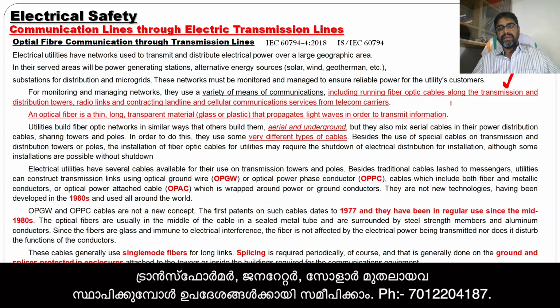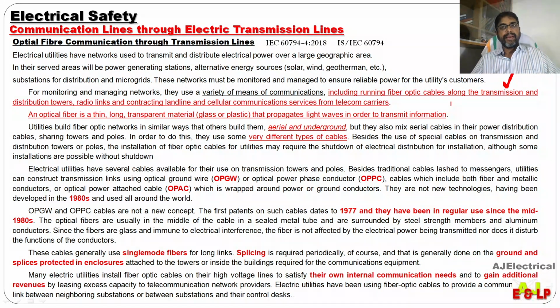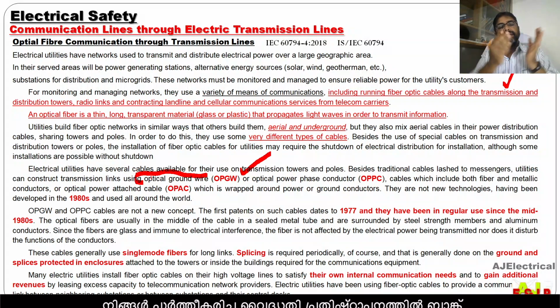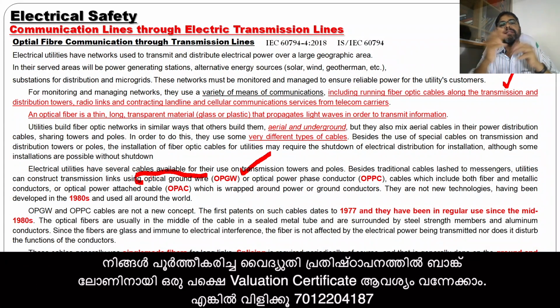And in addition, they were doing some experiments by drawing fibers through the transmission lines. See here, OPGW, optical ground wire, means they replaced the topmost ground conductor with a special type of conductor in which there will be fibers drawn through the center, and in the covering the metal part will be there.